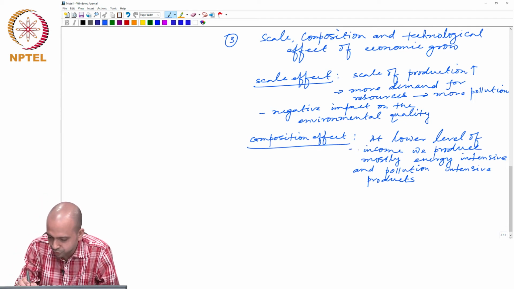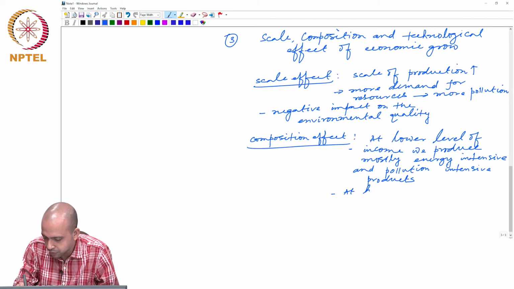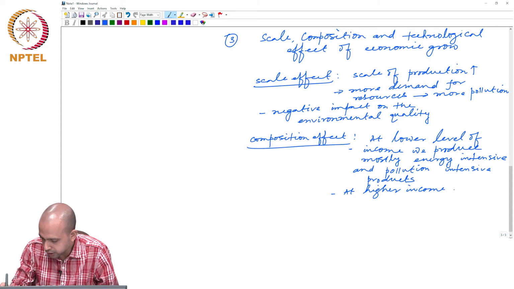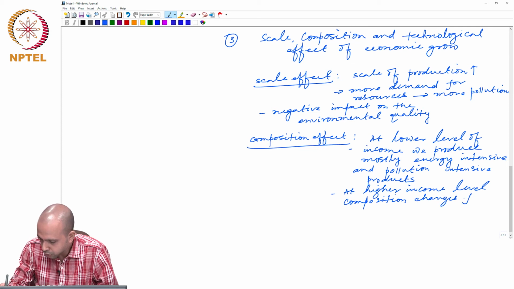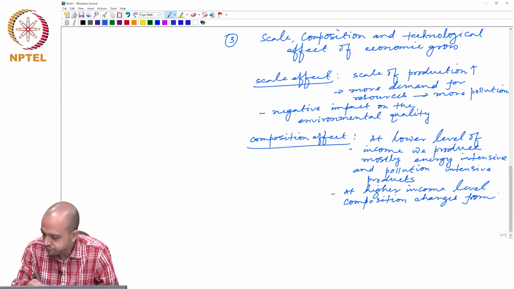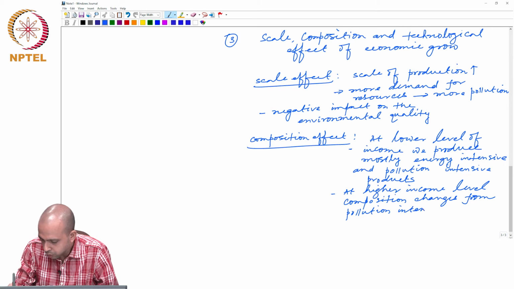At a higher income level, composition changes from energy and pollution intensive to cleaner products.